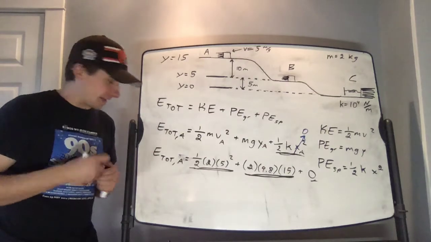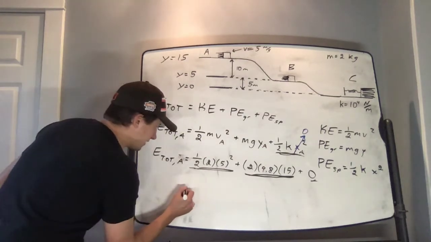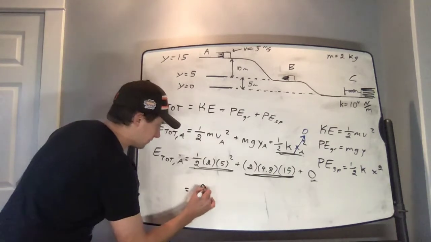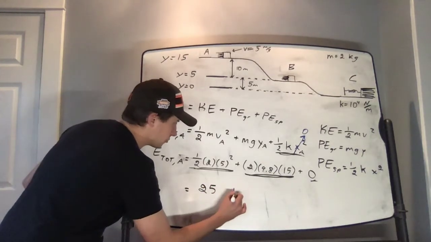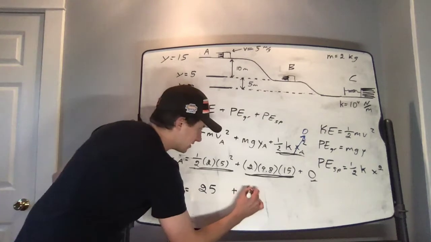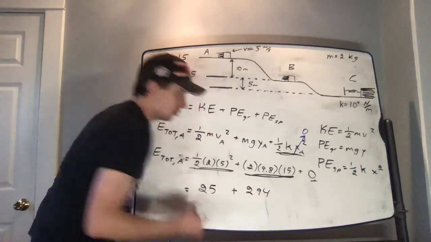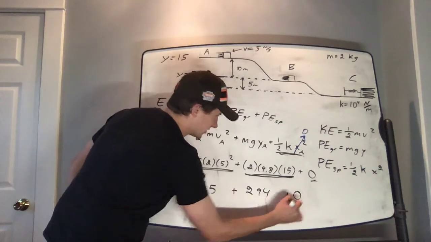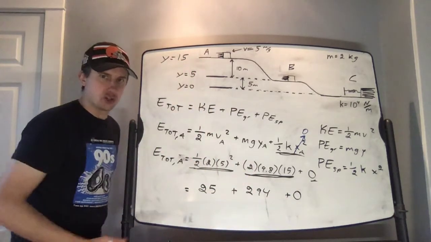We could plug this in a calculator, and I find that at moment A, the box will have 25 joules of kinetic energy, 294 joules of gravitational potential energy, and the spring is going to have 0 joules of spring potential energy.